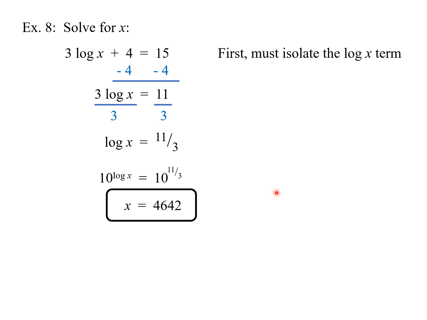Please verify. So one of the very common uses of logarithms is to get unknowns out of the exponents, and use exponents to get them out of the logs, essentially.